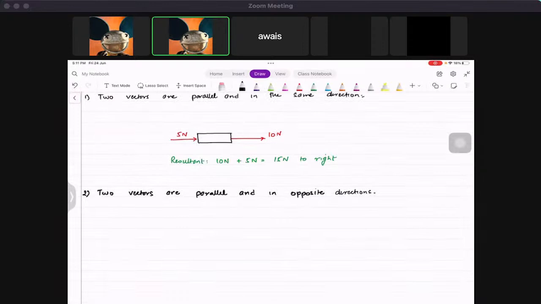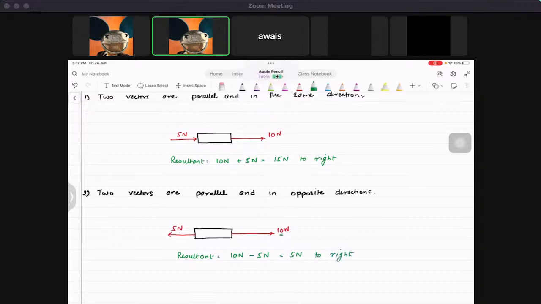You have a body, say you have 10 newtons like this and 5 newtons in the opposite direction. The resultant of these will be 10 newtons minus 5 newtons, subtract them, and it's 5 newtons remaining, and because 10 was the bigger one, it is towards the right. If you have any questions, please let me know.